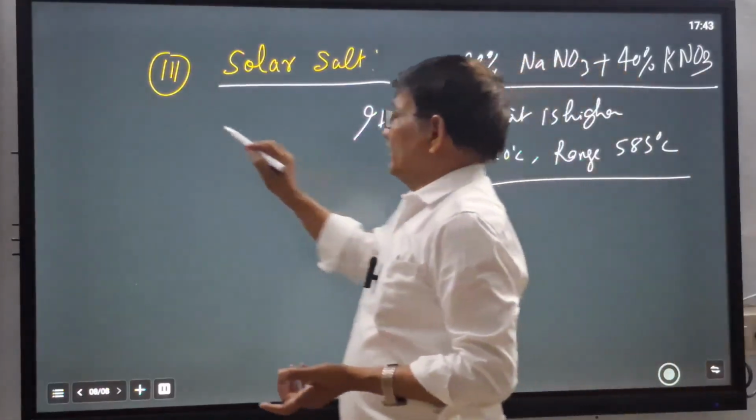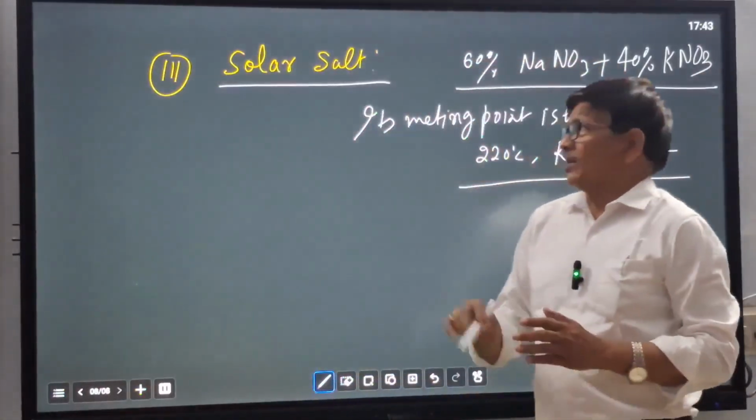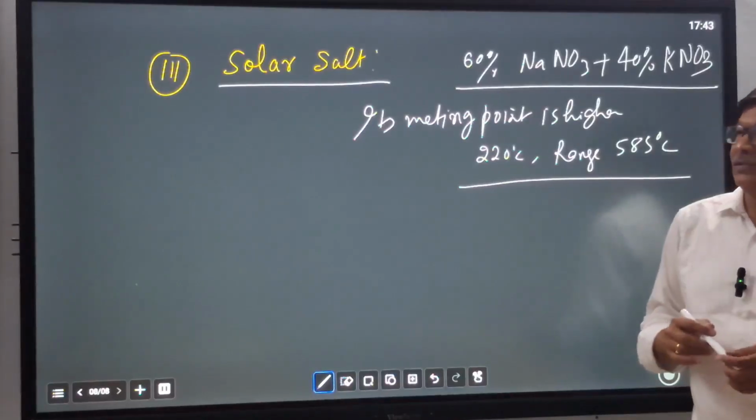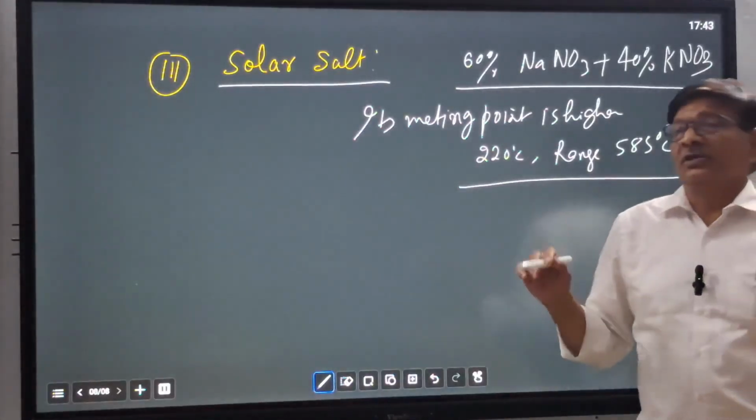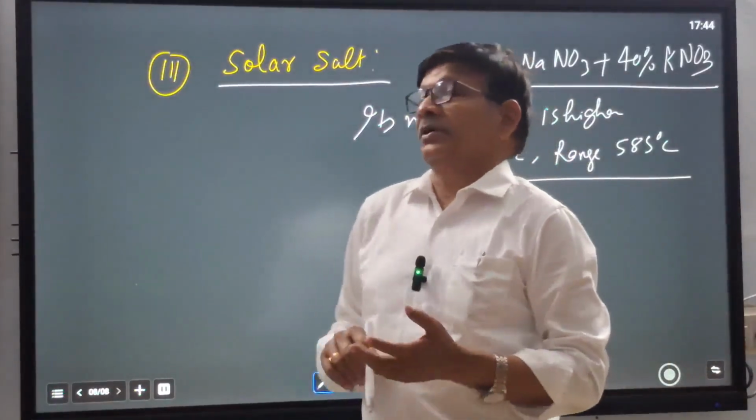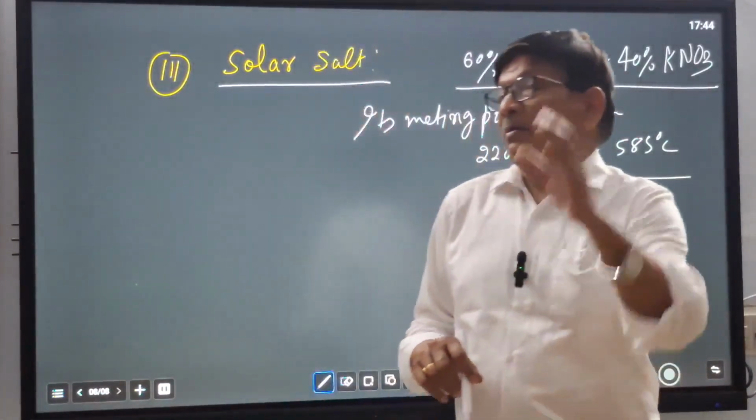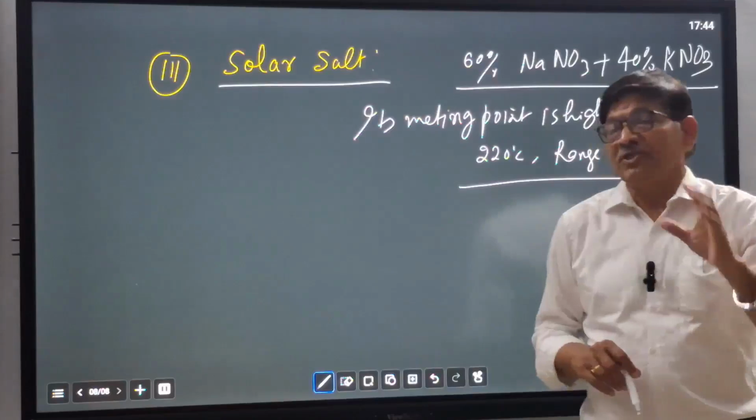So these are the materials, and other combinations of materials are also available. These are not the only fixed materials which are used; there are so many materials. Chemical energy storage systems are also there, but they are still not mature.